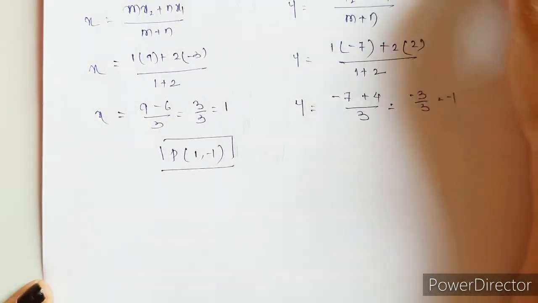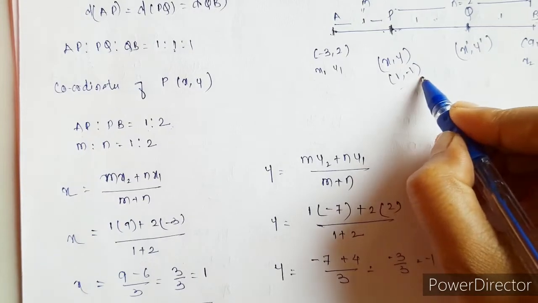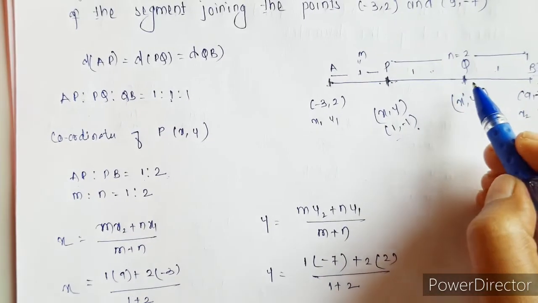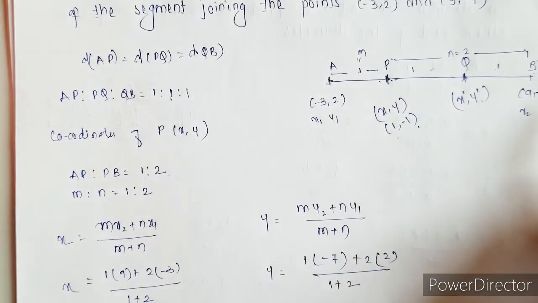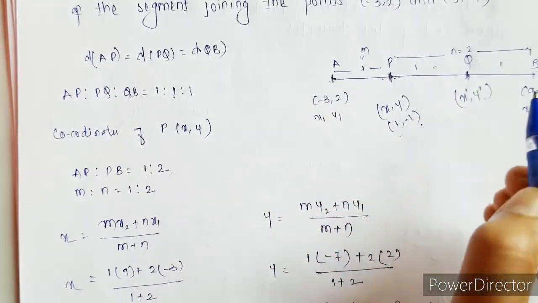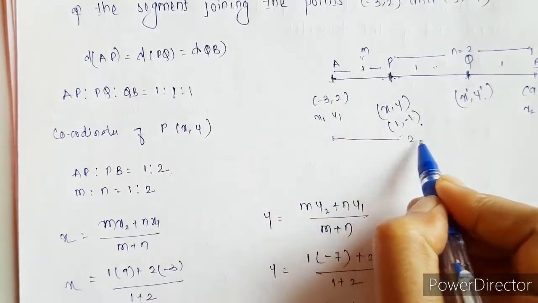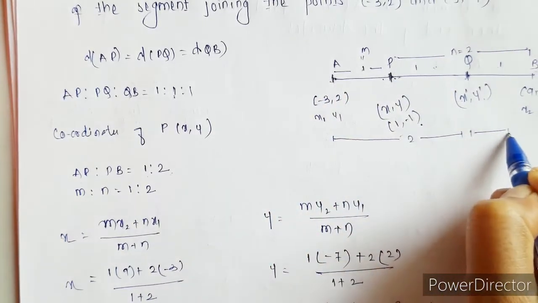Now we need to find the coordinates of Q, that is x dash y dash. In this case we have to consider AQ and QB. Now AQ is 1 plus 1, that is 2, and QB is 1.